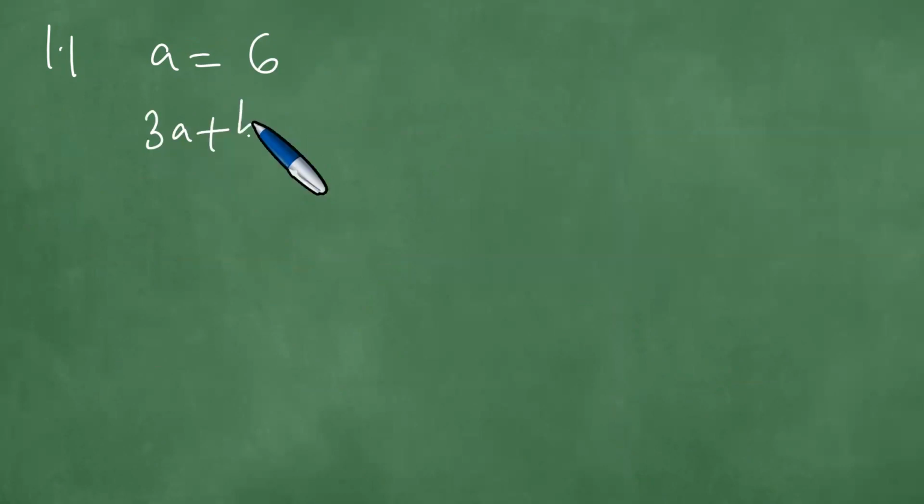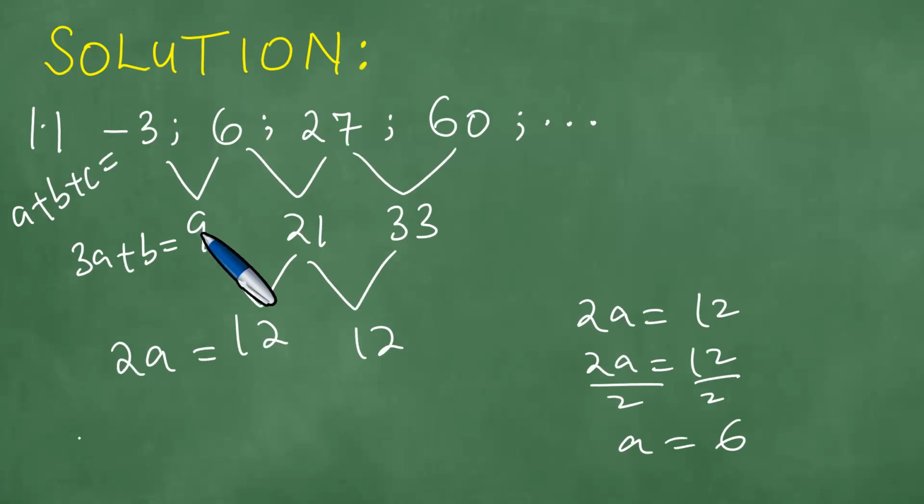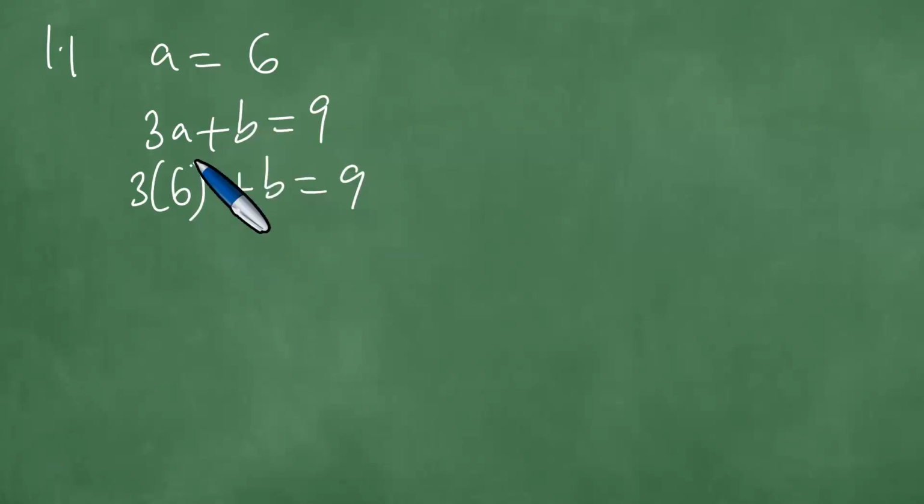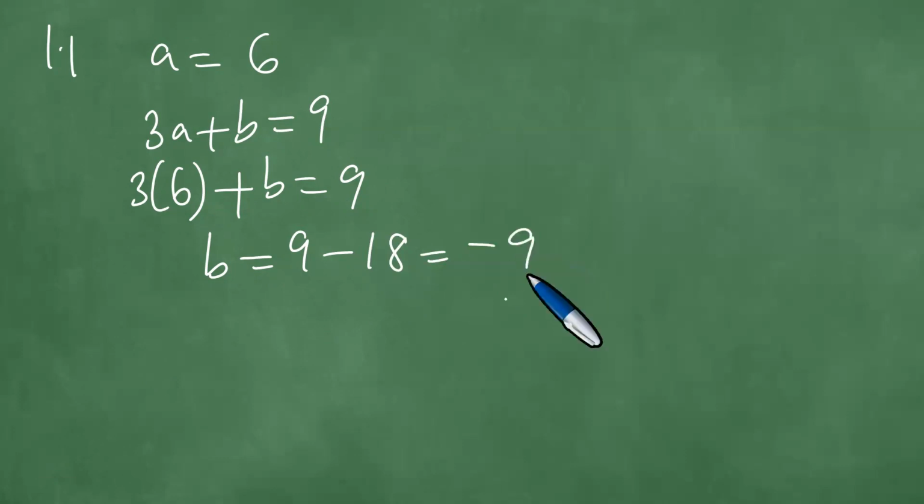So which means therefore in 1.1, a equals 6. Moreover, we have the other equation, 3a plus b equals 9. A is 6, plus b equals 9. So we substitute a equals 6 there, and we find that b is equal to 9 minus 3 times 6, which is 18, and 9 minus 18 is minus 9.